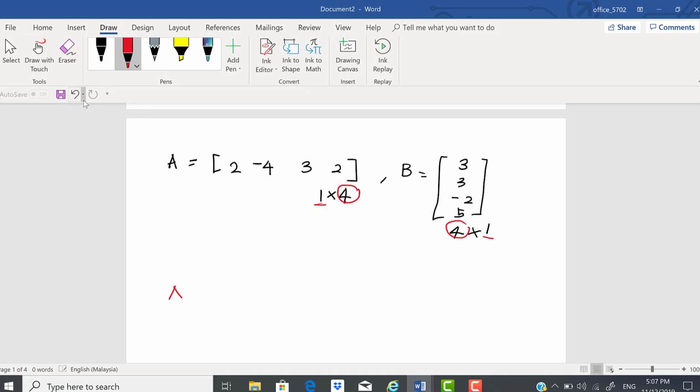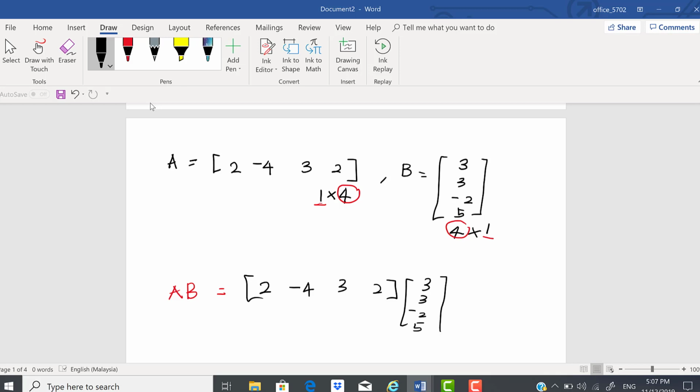So A times B is equal to, okay, we must have only one value. So it's 2, negative 4, 3 and 2 times 3, 3, negative 2 and 5.